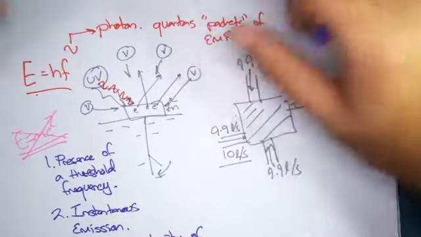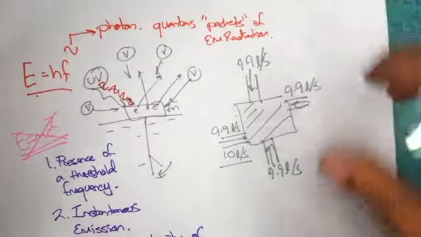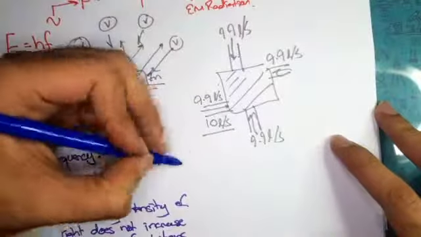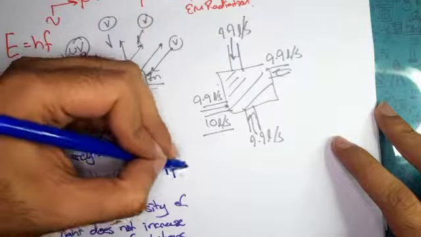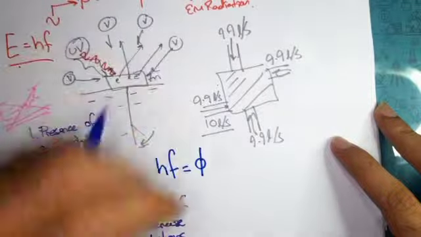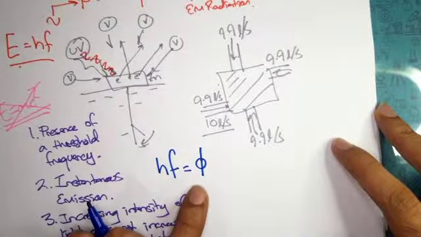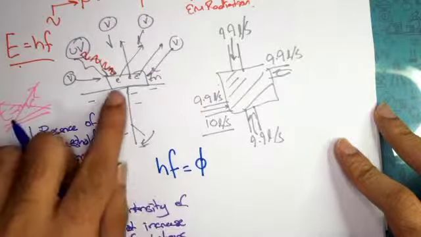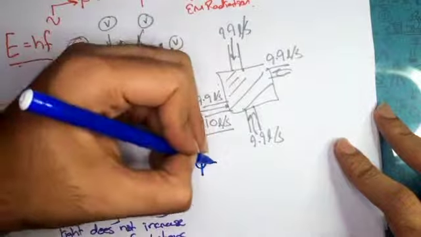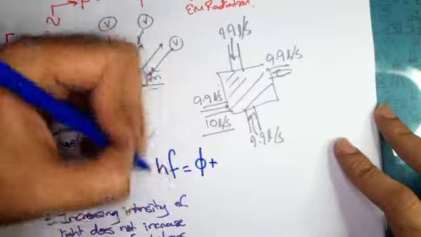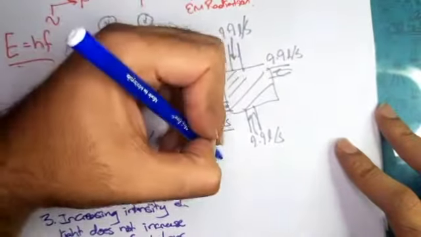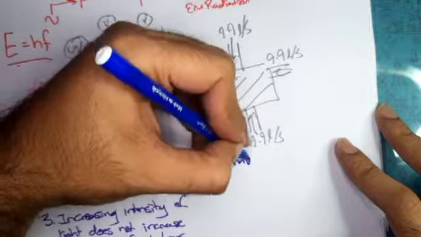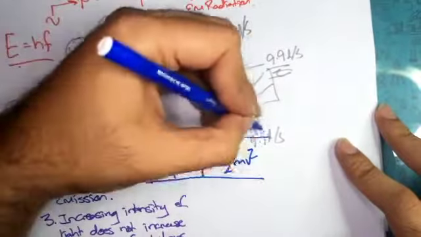He wrote that as an equation: energy of the photon, hf, is used for, number one, phi, the minimum energy required to get the electron out of the metal, plus whatever energy you have remaining after that, plus half mv squared, the kinetic energy.